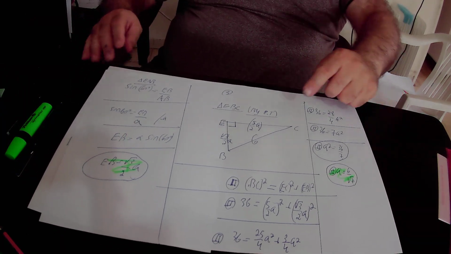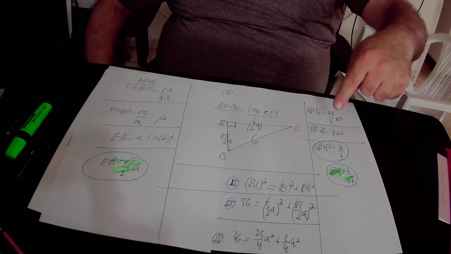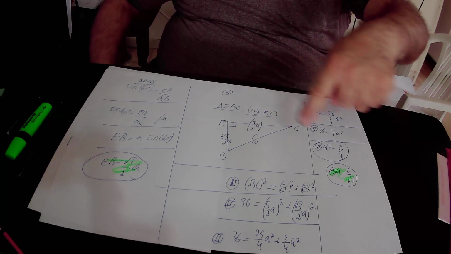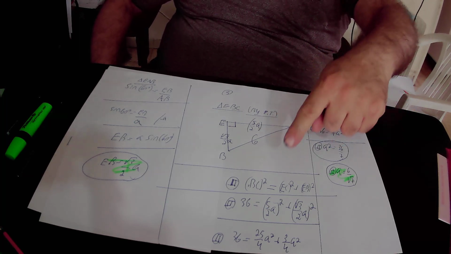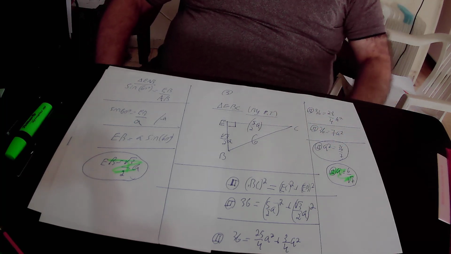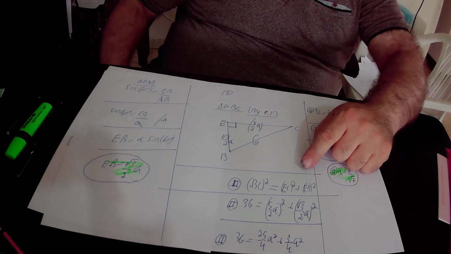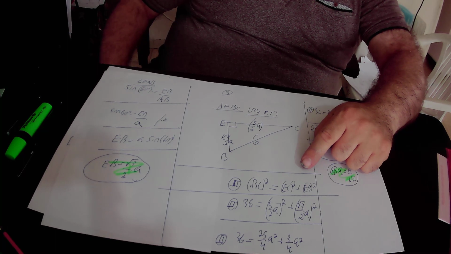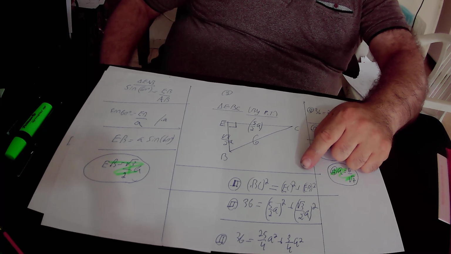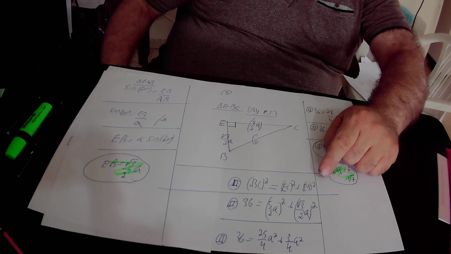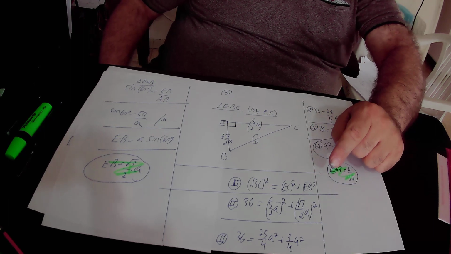Here, the square of the hypotenuse equals the sum of the squares of the perpendicular sides, that is to say BC squared equals EC squared plus EB squared. BC equals 6, so BC squared is 6 squared, that is 36, and it is equal to EC squared. EC is 5 over 2 times a, so EC squared is (5 over 2 times a) squared, plus EB squared. EB is square root of 3 over 2 times a, so EB squared is 3 over 4 times a squared.